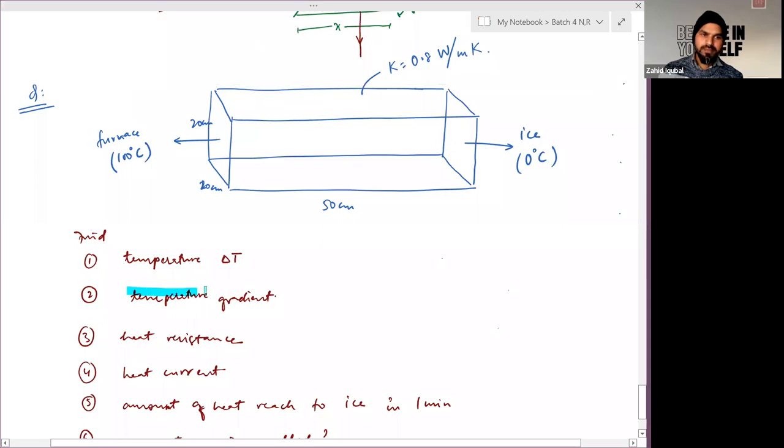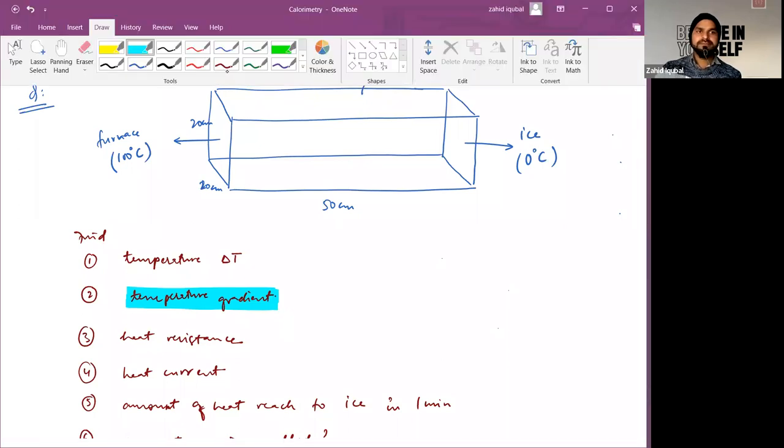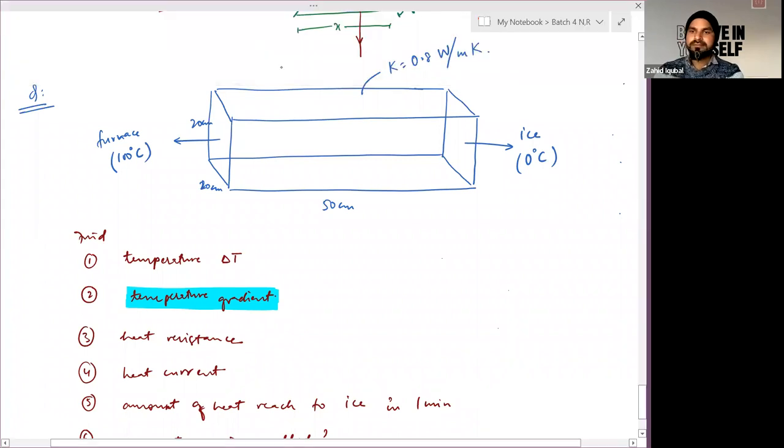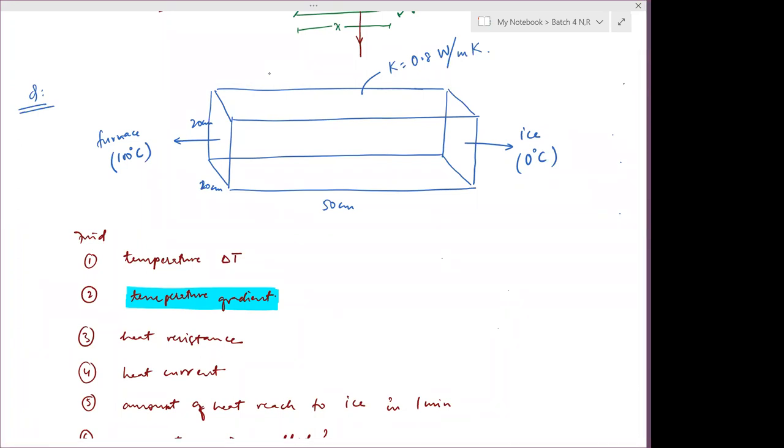Mazia, just tell me, what do you mean by temperature gradient? Minashi, what do you mean by gradient?